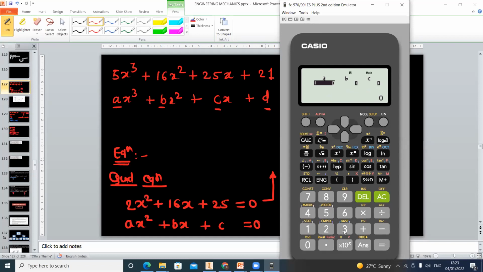So a is 3, press equal to, b value is 16, equal to, c value is 25, equal to, and d value is 21. Once you enter all the constant values, again press the equal to sign to solve the equation. Here you can see the roots.